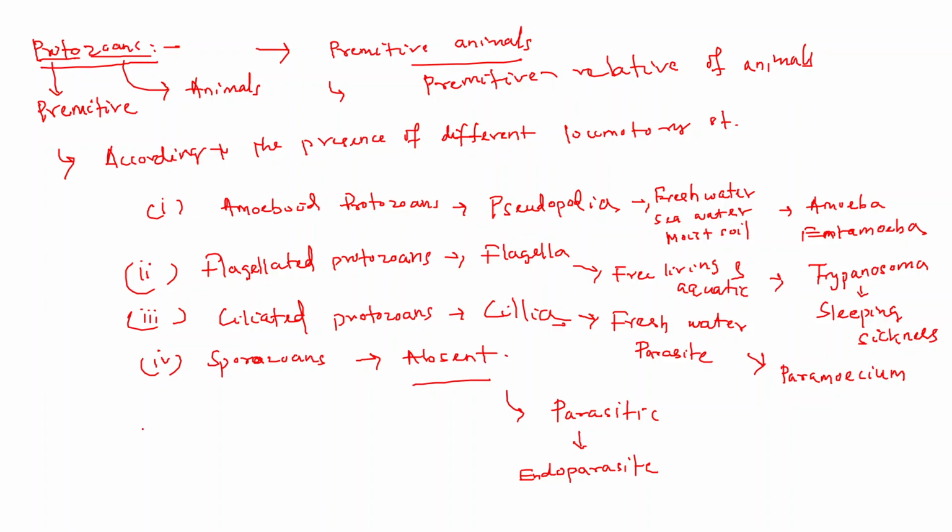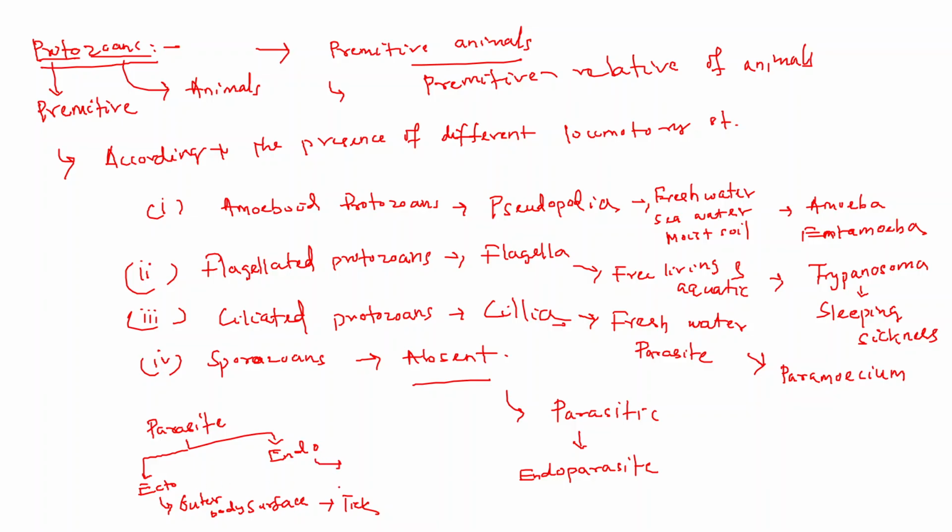Parasites are mainly of two types: endoparasites and ectoparasites. Ectoparasites live on the outer body surface, like ticks and lice.